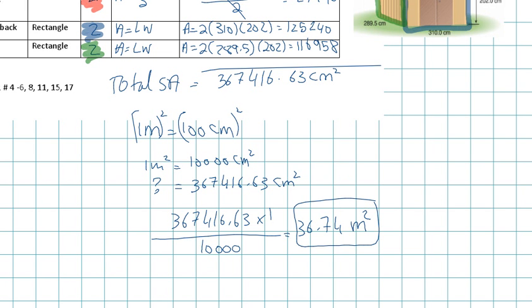Okay. So let's say you have a shape that looks like this, and they're asking you for the perimeter of this.